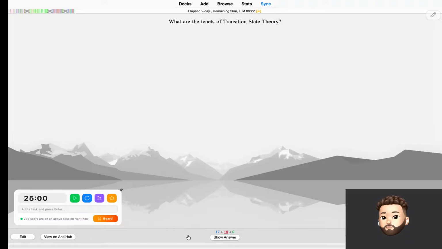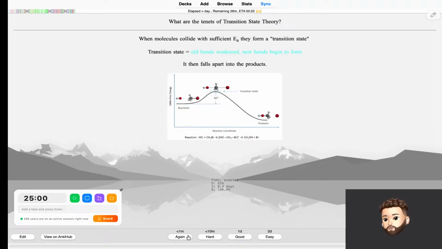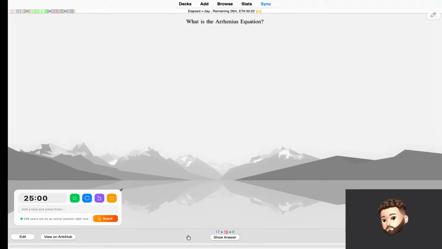When molecules collide with the appropriate activation energy, they enter the transition state. This one is K is equal to A E to the power of negative EA divided by RT. It's in the same phase as the reactants. No.